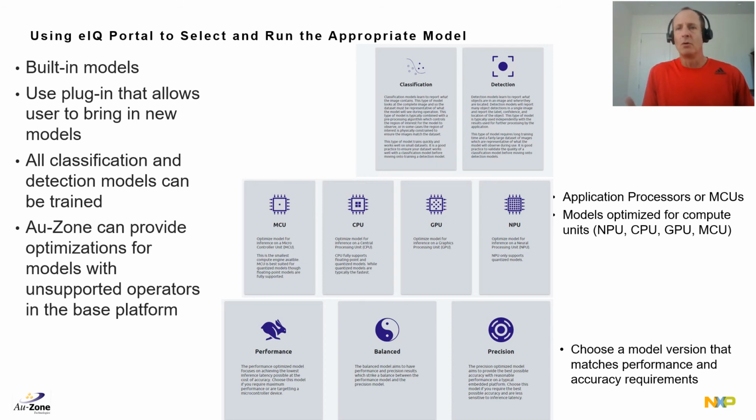But whether it's YOLO or CenterNet or any other model from the Au-Zone model pack, you can also drop this into the eIQ Portal, and the tool can easily train that as well. eIQ Portal can be used as a very capable wrapper to train, evaluate, and deploy custom models from the source code. We also have a very competitive team at Au-Zone, constantly integrating support for optimizing new operations and models on new target devices.